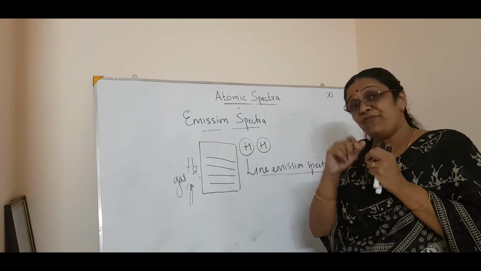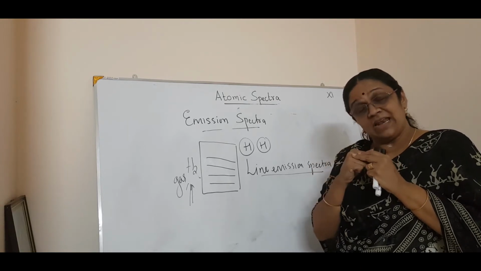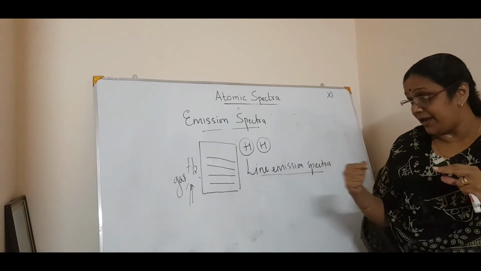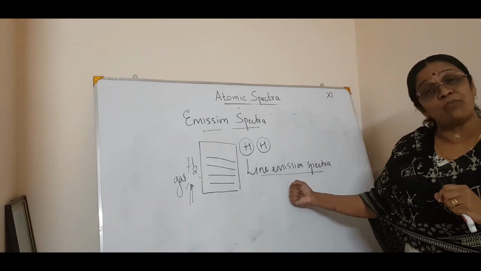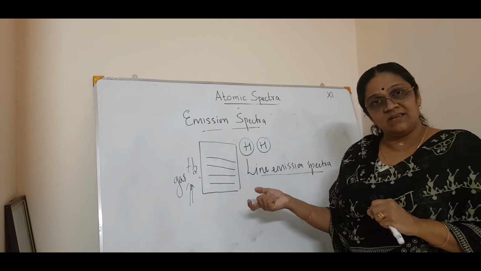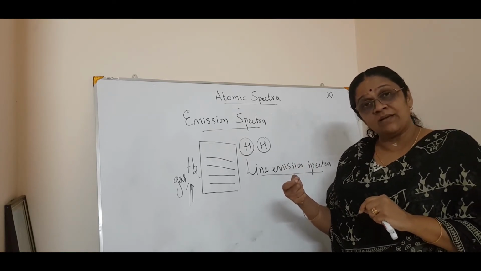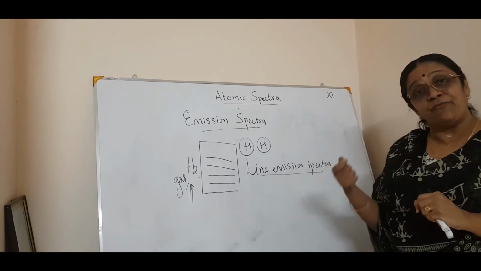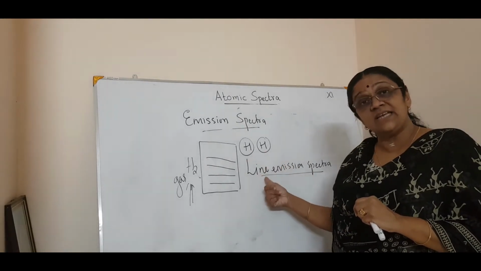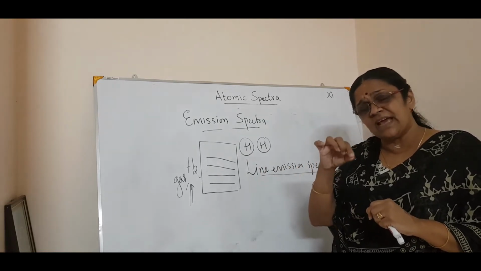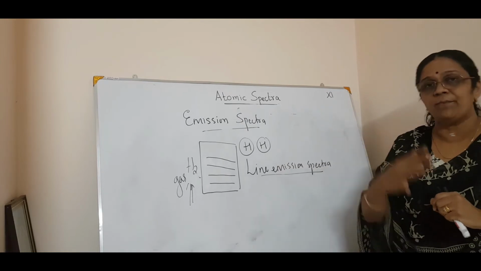You know that every individual has got a unique fingerprint to identify. Like that, you can identify different types of atoms or molecules or elements. So you can verify or find different types of elements by seeing this line spectrum, because each element has got its own unique line spectrum. That is very, very important.